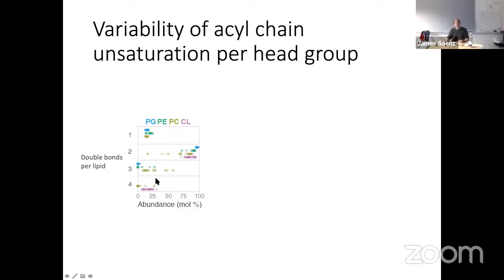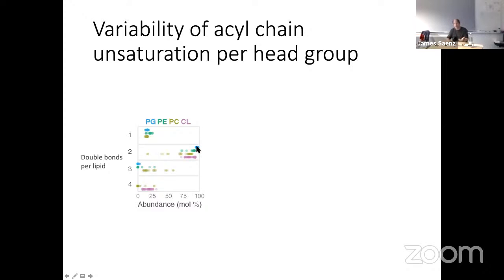So now we're looking at the same way of processing the data, plotted in a different way. We're looking at the number of double bonds per lipid within each head group for all conditions. So we're looking at the range of abundances for all the conditions. And of course, you can right away see that PC here has the largest spread and PG has the smallest.